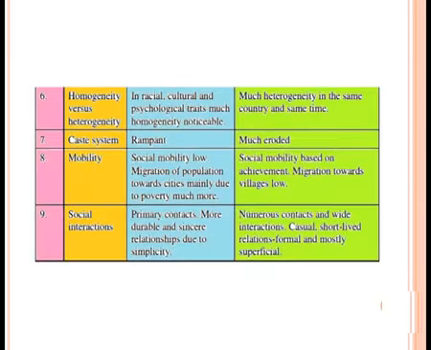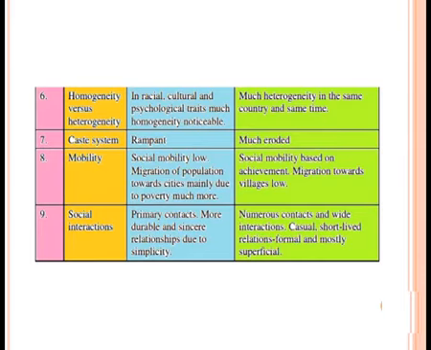Next is homogeneity versus heterogeneity. In racial, cultural and psychological traits, much homogeneity is noticeable in rural society, and much heterogeneity in the same country at the same time in urban society. The caste system is rampant in rural society and much eroded in urban society. Mobility: social mobility is low in rural society, with migration of population towards cities mainly due to poverty, while in urban society social mobility is based on achievement and migration towards villages is low. Ninth or last one is social interaction.